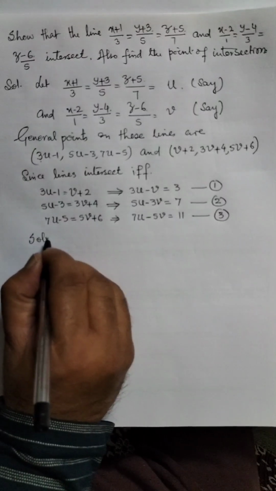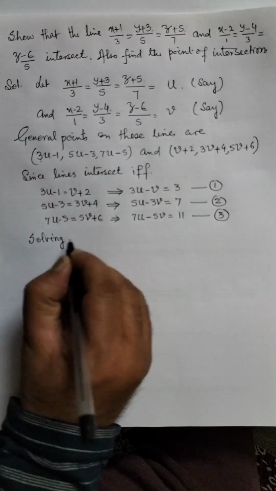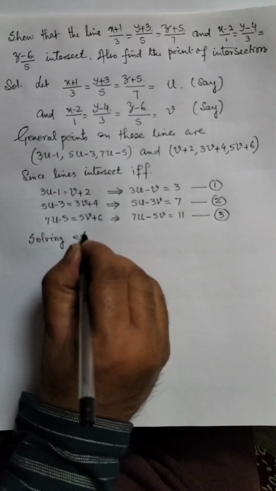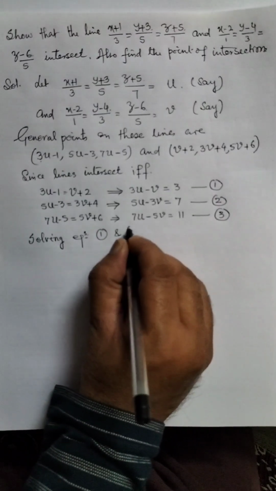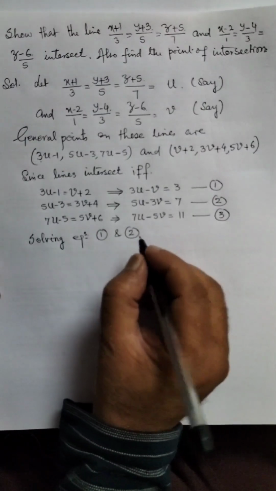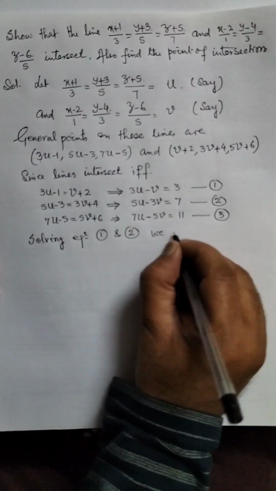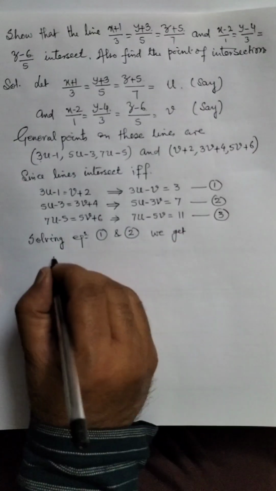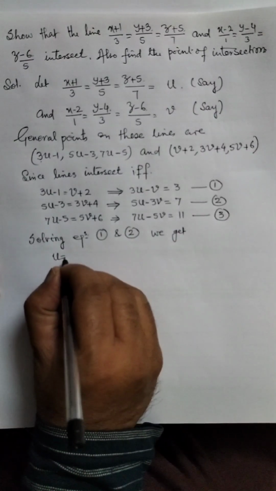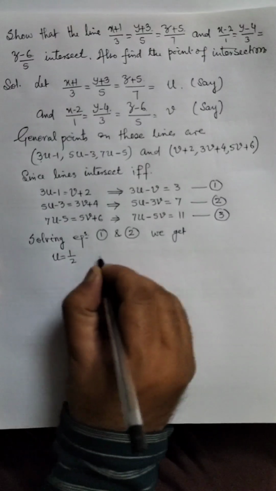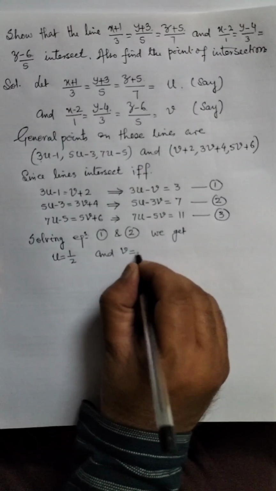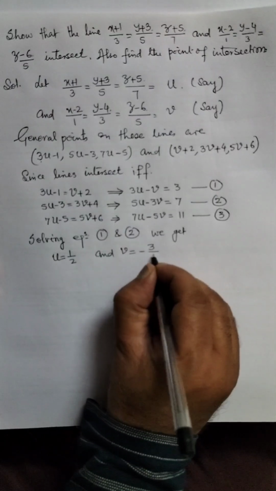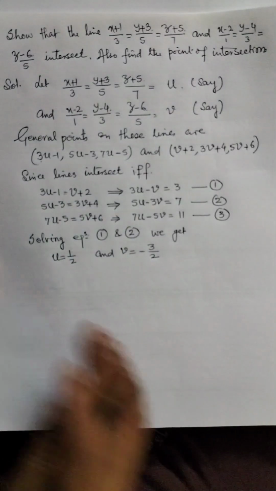Now solving equations 1 and 2, we get u = 1/2 and v = -3/2.